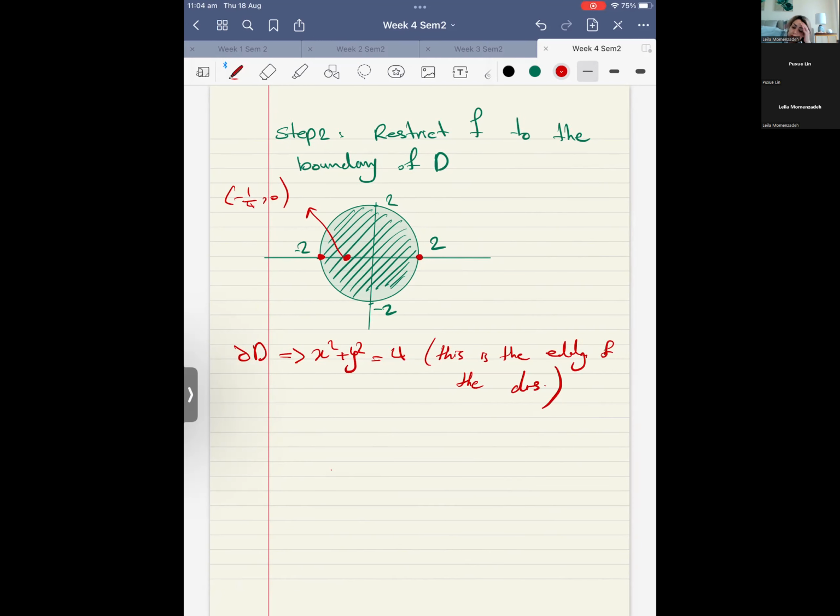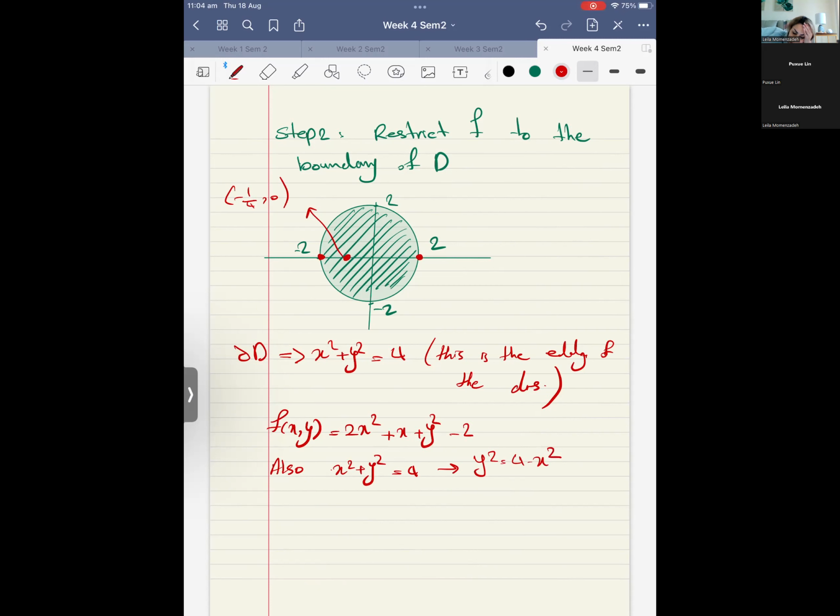You know that f(x, y) is equal to 2x² + x + y² - 2, and also x² + y² = 4 is the boundary. Now, it means that y² is equal to 4 - x².